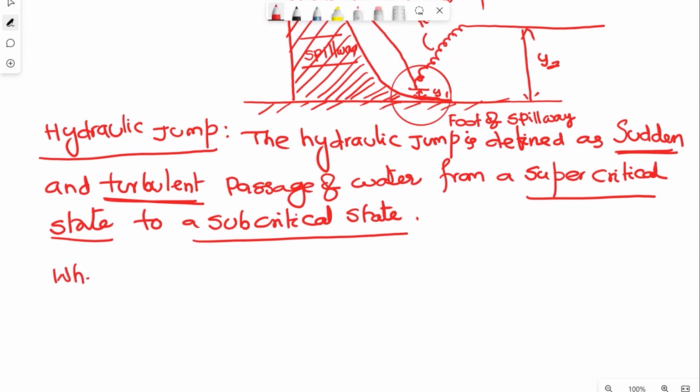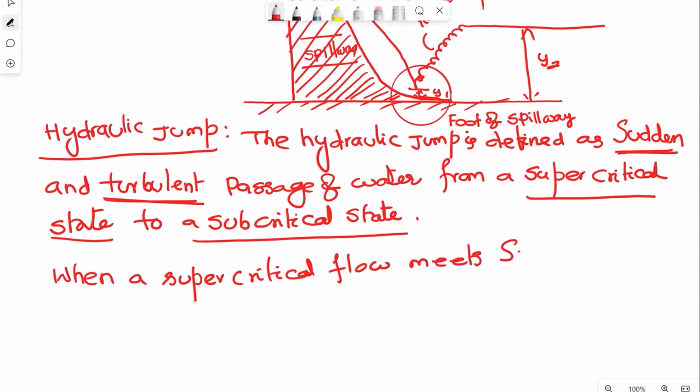Rather than that, I can read it this way: when a supercritical flow meets subcritical flow, a hydraulic jump forms.